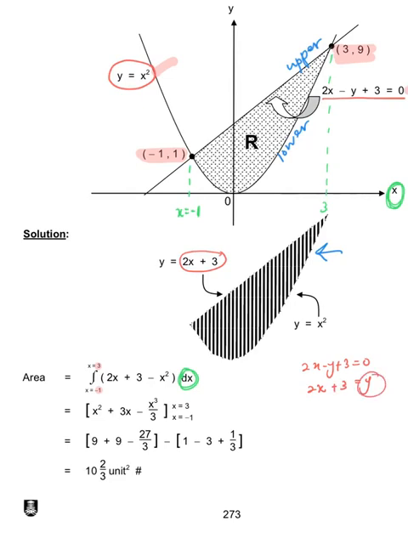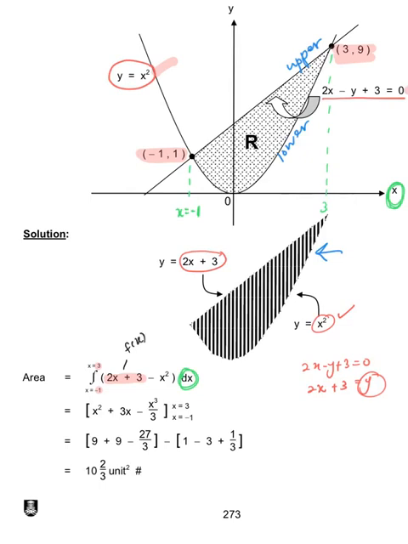The second equation given is y equals x squared, which is clear, all in x. Since our upper function is the straight line, we take 2x plus 3 to be the f(x) function.